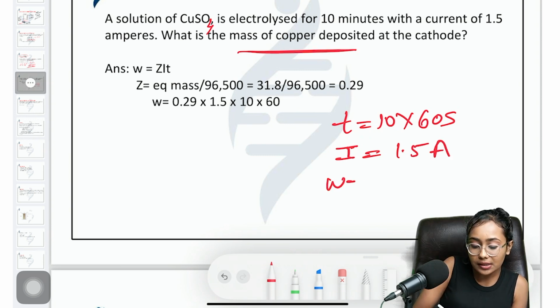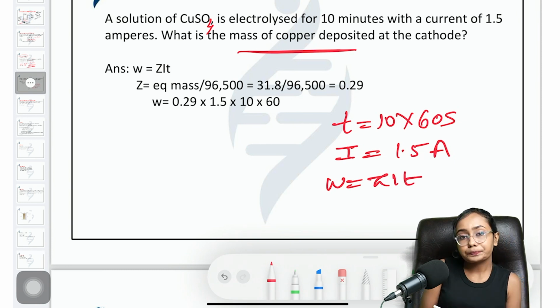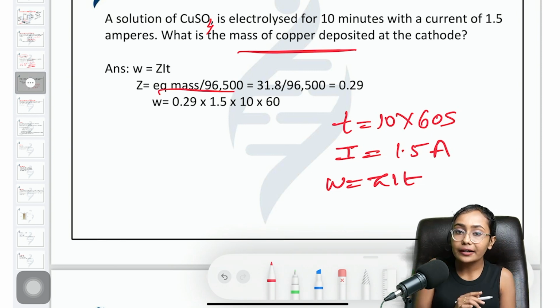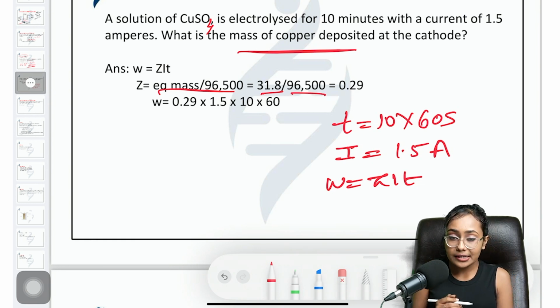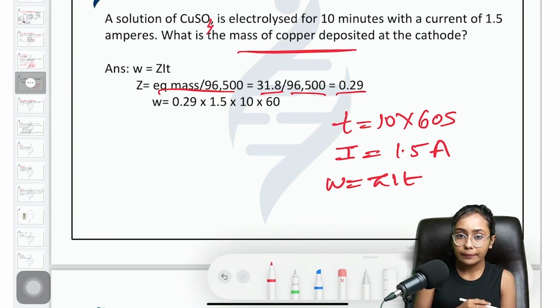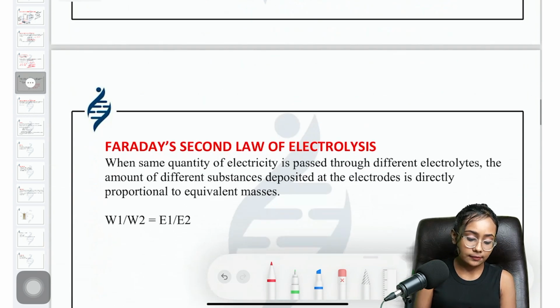The equation for this is W equal to ZIT, and we need to find Z. Z is the equivalent mass divided by 1 Faraday, which is 96500. The equivalent mass of copper is 31.8, and 31.8 divided by 96500 will give you 0.00033. So just put those values in the equation and find the answer.